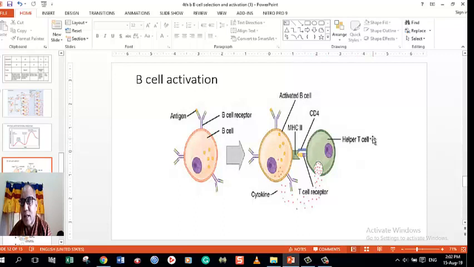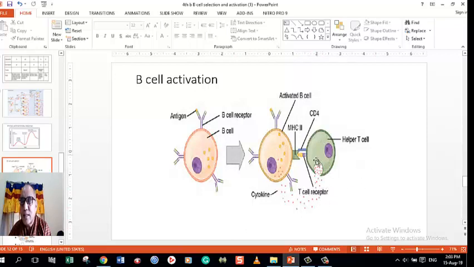T helper cells have CD4, and these CD4s bind with the MHC2, and these T cells would produce interleukin 2 and interleukin 10, and that activates further other T cells.